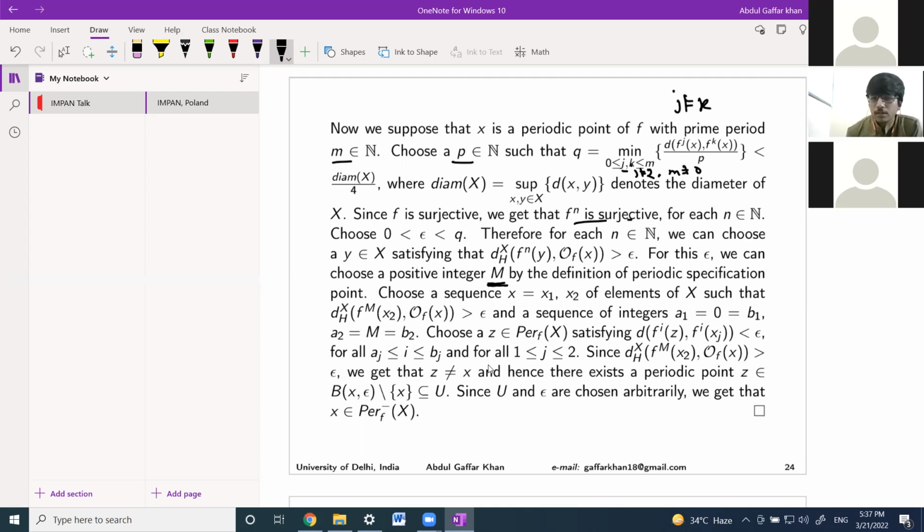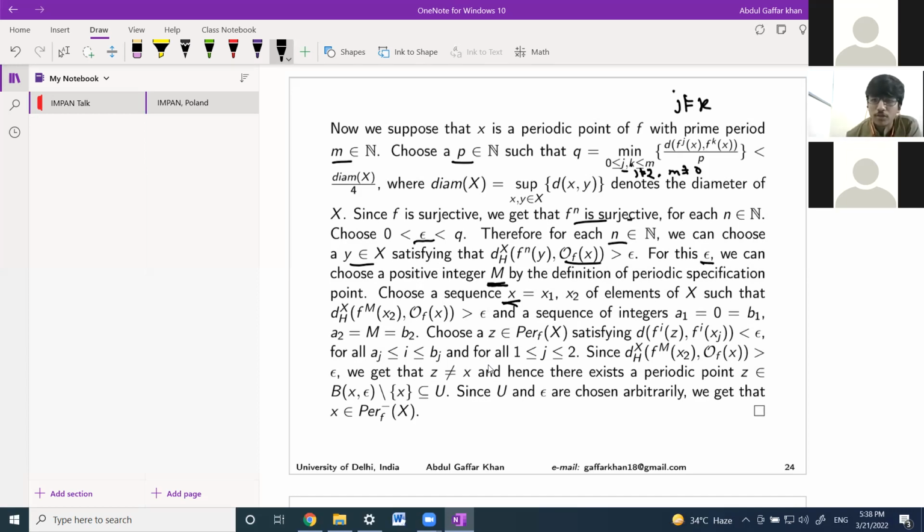Now note that for every epsilon small enough, less than q, we can choose a point y so that the distance between f^n(y) and the orbit of x will be at least epsilon, because q is less than diameter of X by 4. So the existence of y will follow for every natural number n, as f^n is surjective. So using this observation for epsilon, we can find the integer m by the periodic specification property.